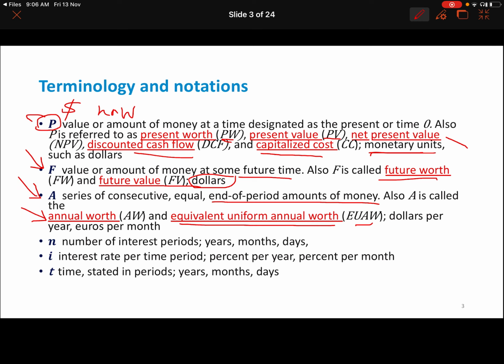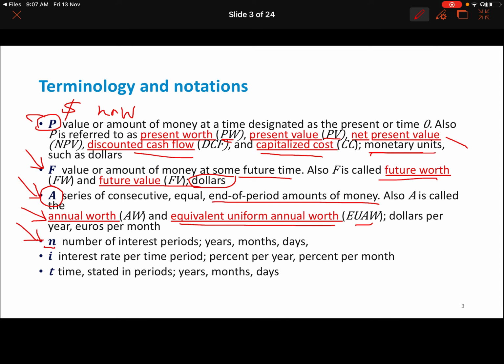We are talking about something like dollars per year, dollars per month, or even dollars per day. For example, you save $1 every day. So this is A, a uniform series, a certain amount of money every day that you can save or even may pay.